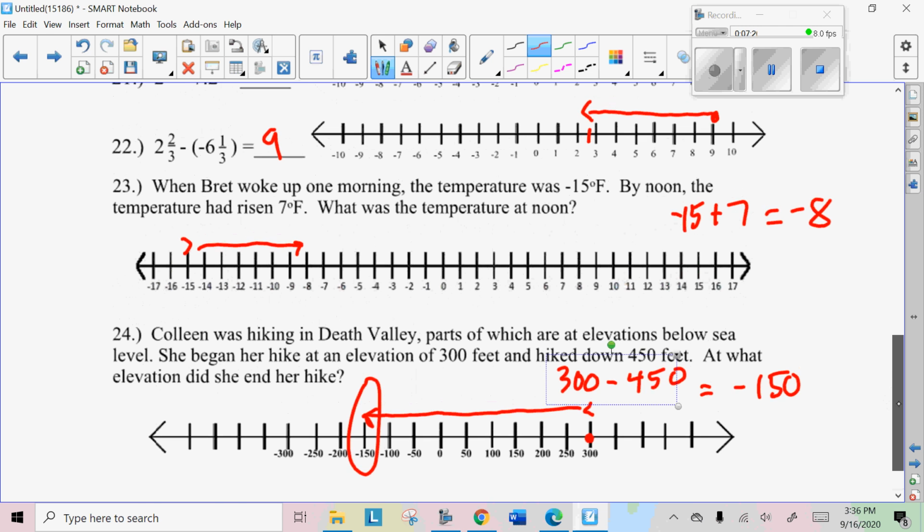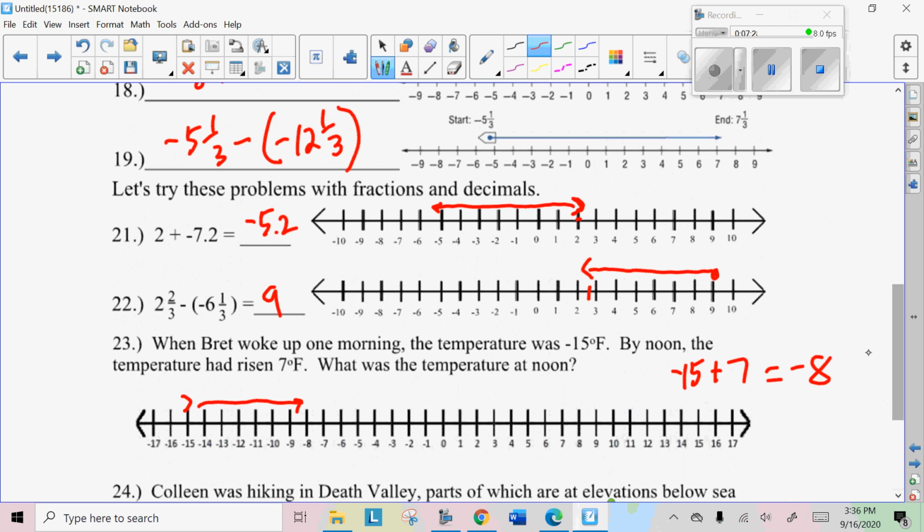All right, let's go over just a couple of these here. Maybe you're wondering how I counted here to get -5.2. We started at 2 and we're adding, so that means my nose is facing this way. And I'm adding a negative, which means I'm going to go backwards.